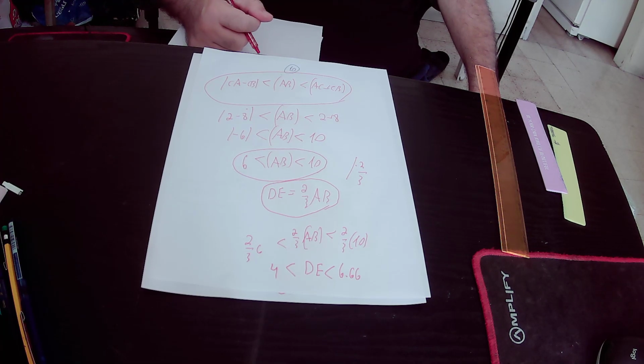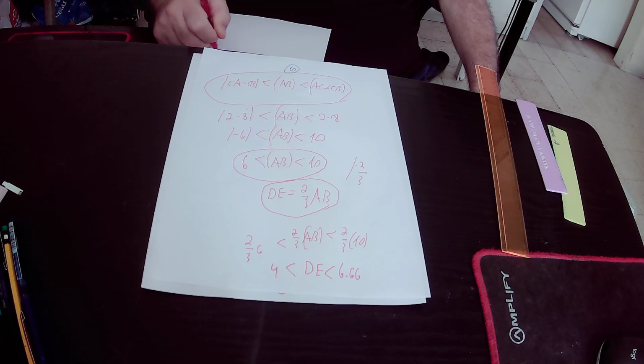The only two natural numbers that are greater than 4 and smaller than 6.66 are 5 and 6. So we found out that DE equals either 5 units or 6 units.